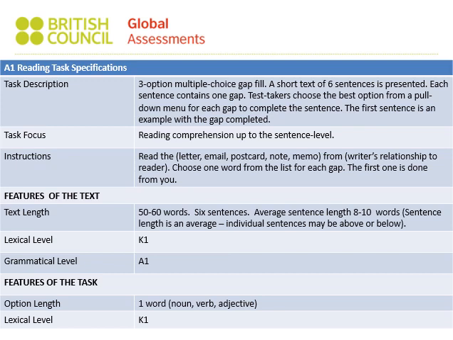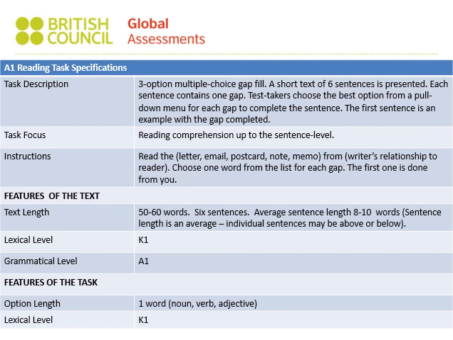And it will tell you that the first sentence is an example with a gap completed. So this means there are 5 questions essentially, because the first one is an example and the text is 6 sentences in total. The instructions are also included in the specifications.